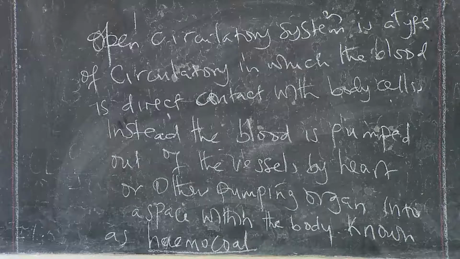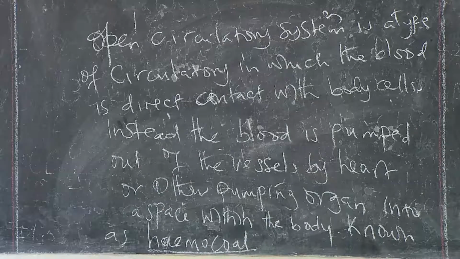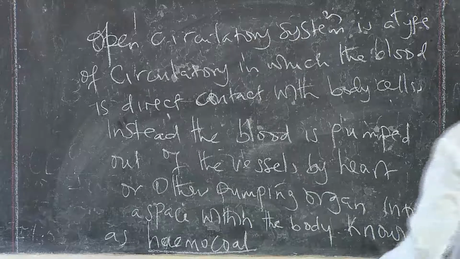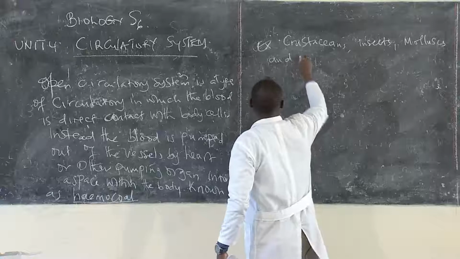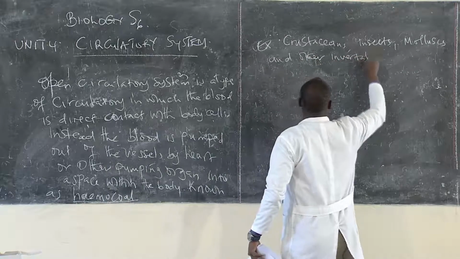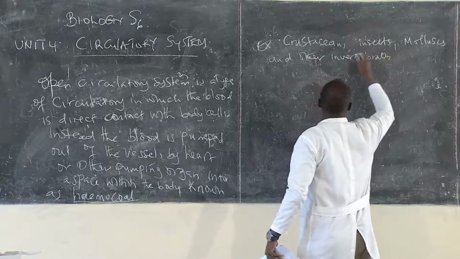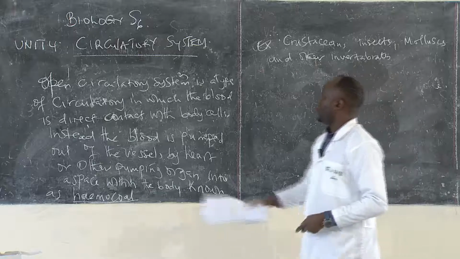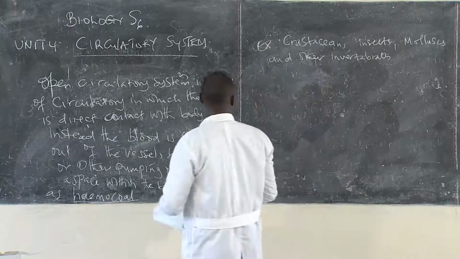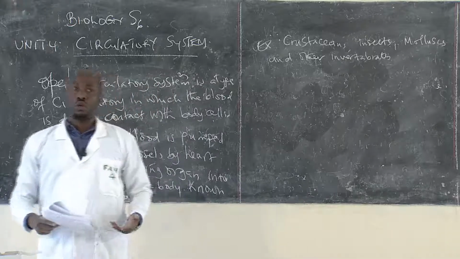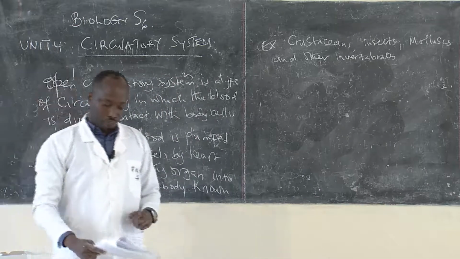We have mollusks and other invertebrates. I say invertebrates, it means animals without backbones. So examples of animals that possess an open circulatory system are the crustaceans, the insects, the mollusks, and even other invertebrates.